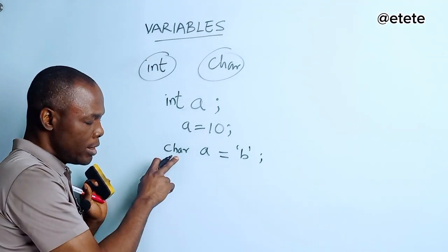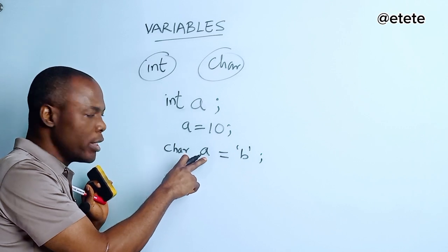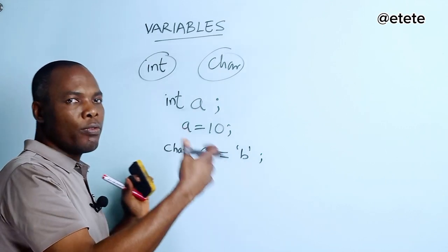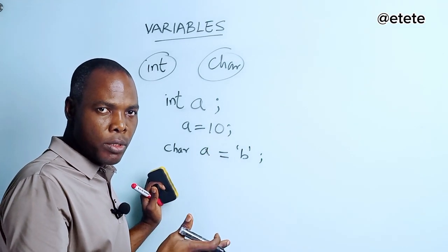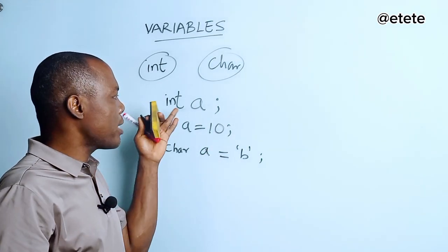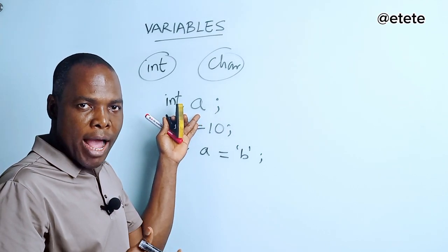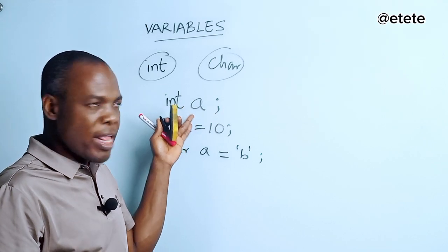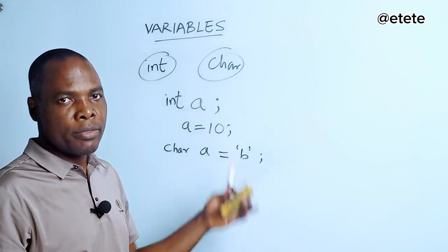I have to change this data type, meaning I'm sending this messenger, which is A, to the character RAM to get one character. So as we move on, you are going to see I am going to create other variables that we are going to use. So just know that a variable is a named location in your memory that will house a value that your program is going to manipulate, is going to use. That is what this class is about. It's a messenger that goes to the data type RAMs.